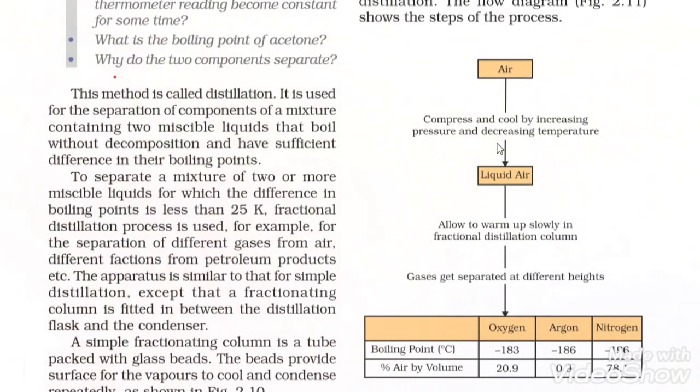These steps are required in the separation of different components of air, that is, different gases from air. First is to compress by increasing pressure and decreasing temperature. First of all, we compress air and simultaneously we cool it to decrease the temperature.